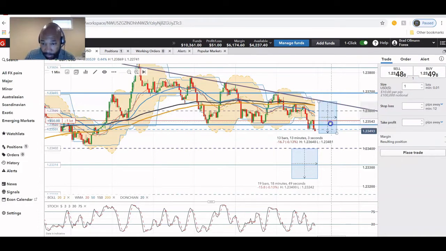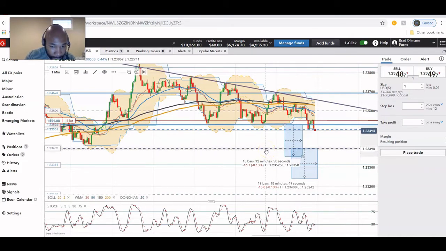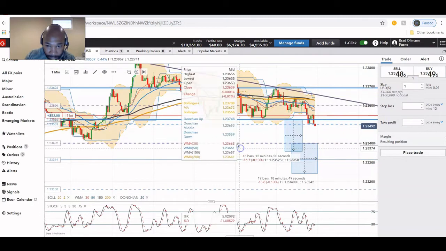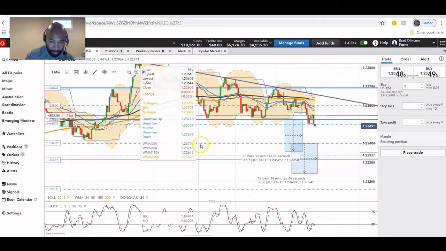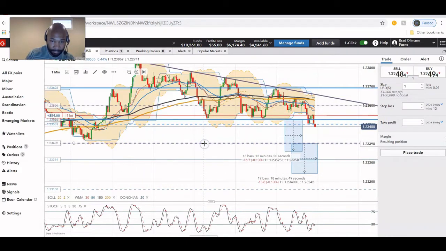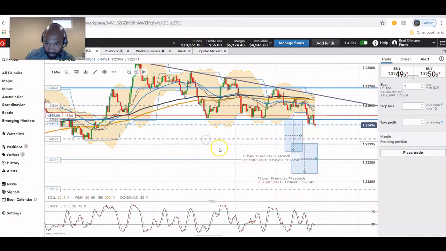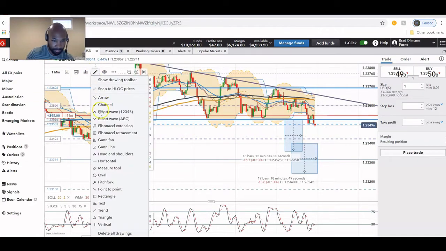Okay, that's 16 pips. Now let's take this, which means let's move this here. Then let's put a line here just to remind ourselves.